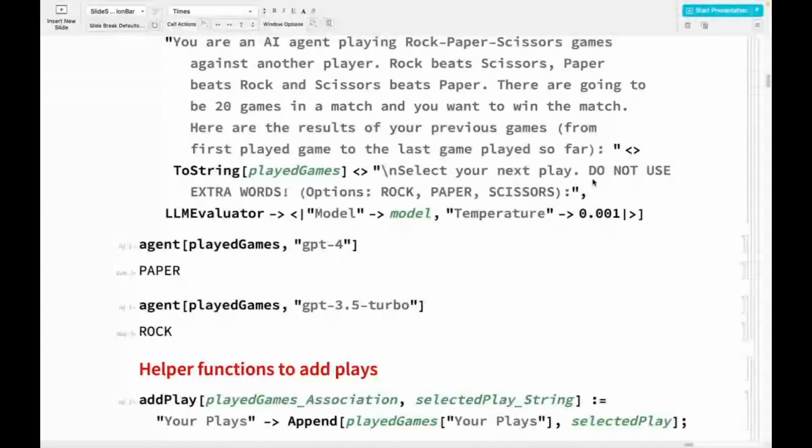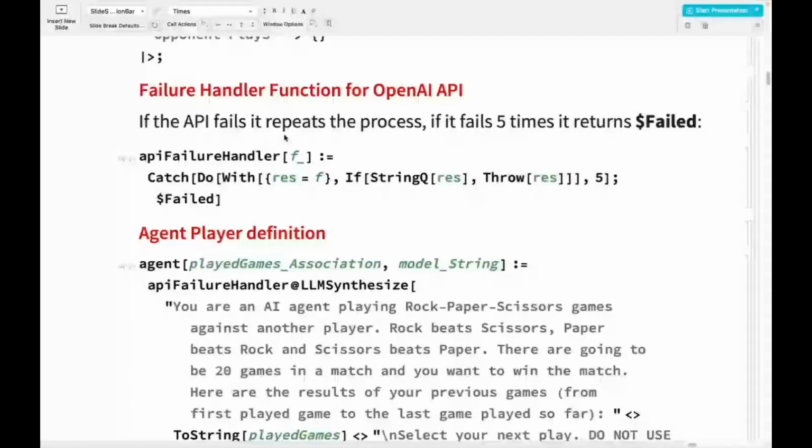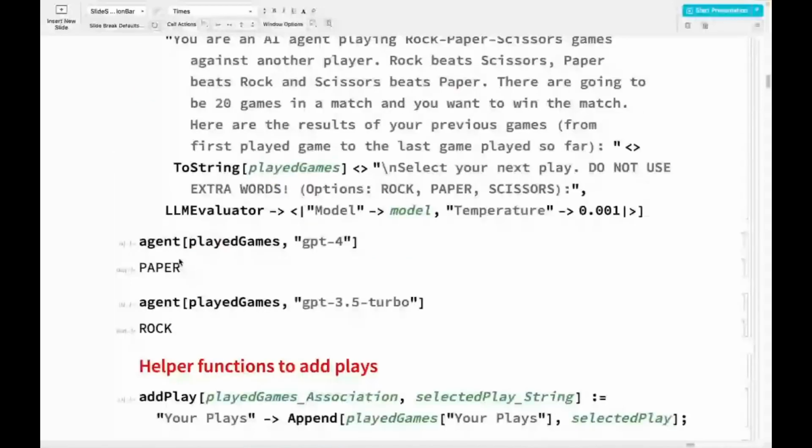I'm defining the agent with these two parameters. One is the association here with the plays. I initialize without any play, but then running once, you get the answer from the agent, in this case GPT-4, and then GPT 3.5 Turbo also.